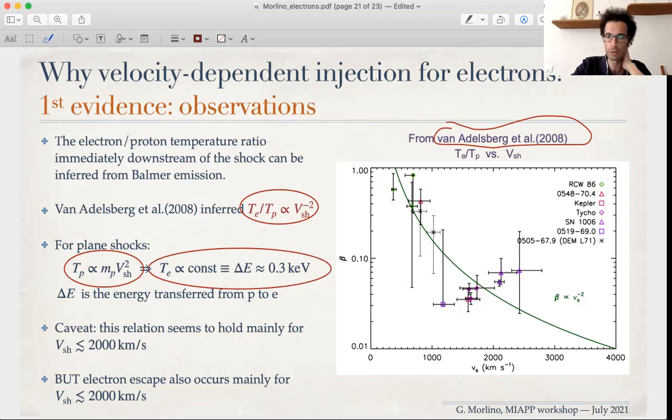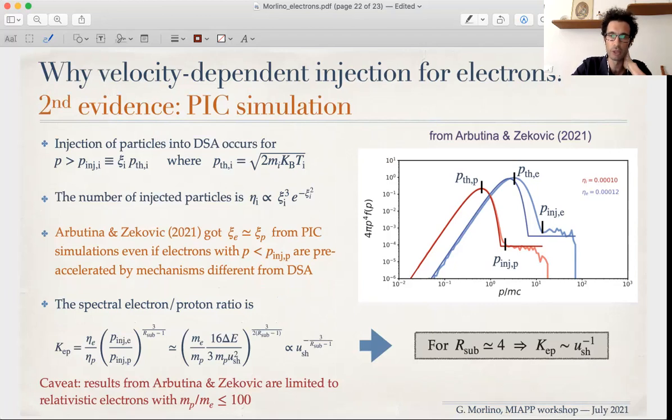Now, the second piece of information is coming from PIC simulations, especially from this work by Arbutin and Zekovic. Using PIC simulations, they were able to infer the amount of electrons and protons that are injected into the DSA. In general, one important parameter that people use to distinguish between thermal and non-thermal particles at the shock is P injection.